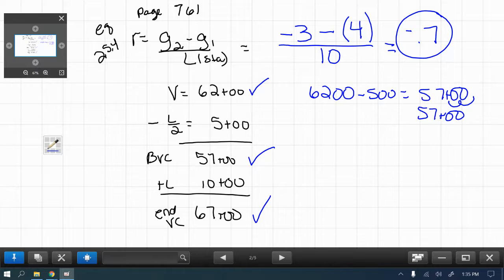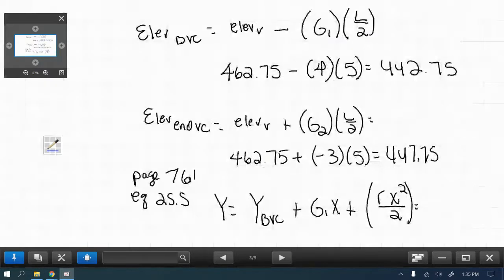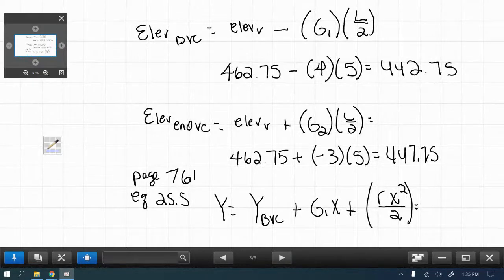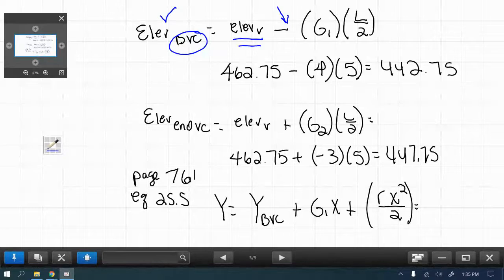So now I need to get the beginning vertical curve elevation, and I'm going to go ahead and do the end vertical curve elevation. The beginning vertical curve is going to be the elevation at V. To get the begin vertical curve, always use a negative there and keep your signs.